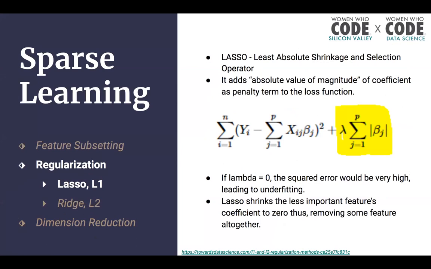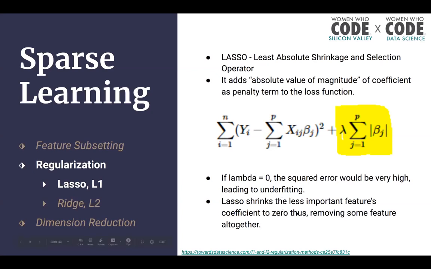So the same formula that we saw before is here, where we have B1 X1, B0 is here, and lambda is added to the B0 value. So the penalty is added to the y-intercept value. In this case, if lambda is equal to 0, the squared error will be very high, leading to underfitting.